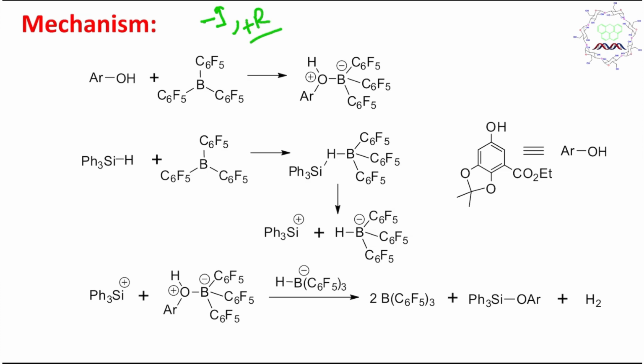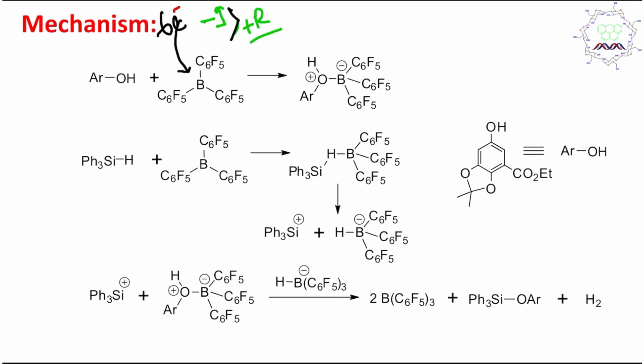Obviously since it is a halogen, minus I effect predominates over plus R effect. So you can consider this C₆F₅ group is actually electron withdrawing, and we know this central boron atom is a sextet or 6 electron species, meaning it is electron deficient or Lewis acid.